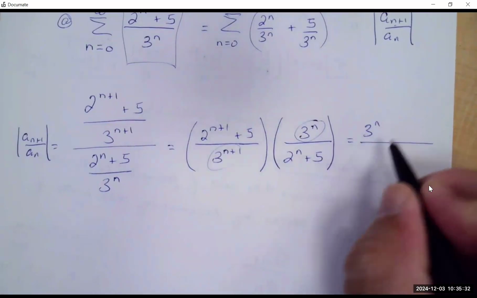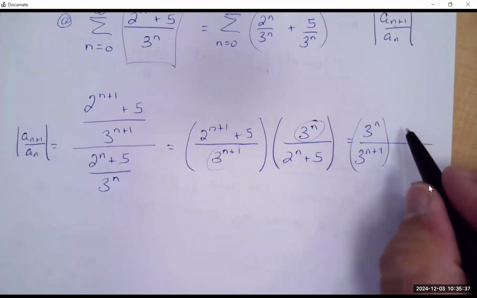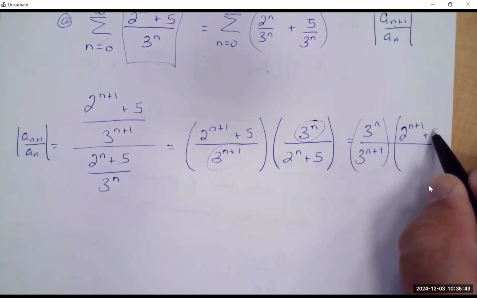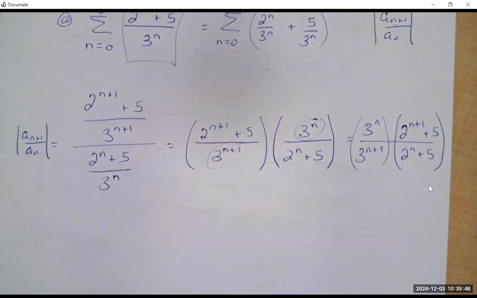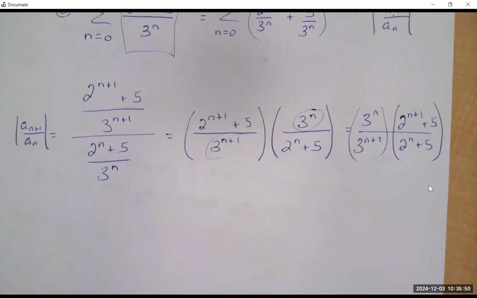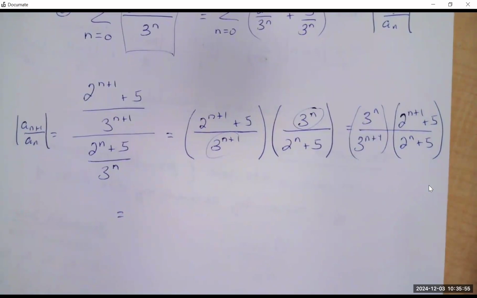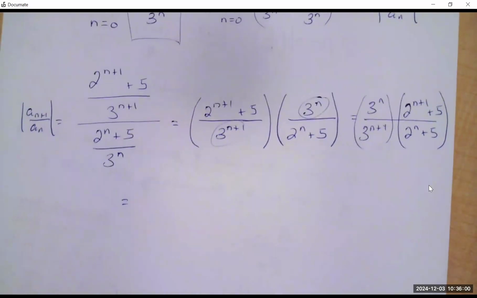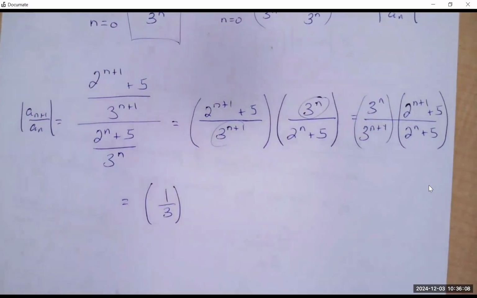So we have 3^n over 3^{n+1}. Then we have (2^{n+1} + 5) over (2^n + 5). So what happens to the threes? If I cancel the first n threes, how many more do I have? I have one more on the bottom because I cancel out n of them.